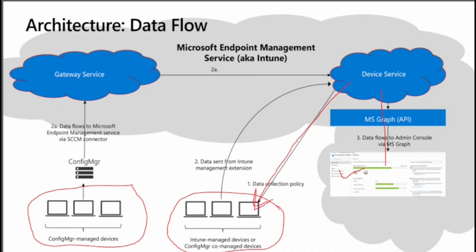Once the devices get the policy, they send the data back to the device services via the Intune management extension, and once the data is in the device services, using MS Graph API, the data is published in the Intune portal. That is the scenario when we have an Intune managed device.